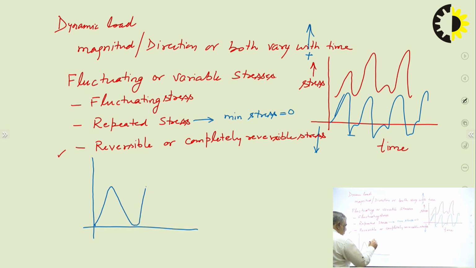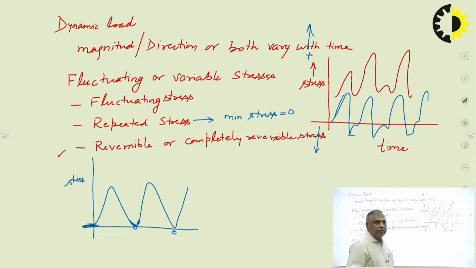It is repeated, then it is 0. It is repeated. This is stress. Here on the abscissa, this is 0, this is 0, this is 0. And a definite period of time is there. This is called repeated stress.